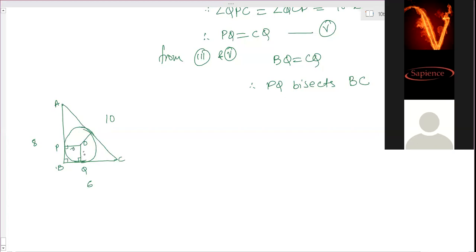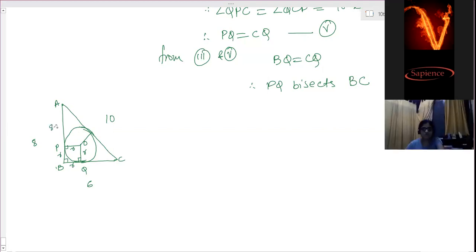Now this is R, this is R, this is R. If BP is R, what is AP? 8 minus R. So if AP is 8 minus R, what is AR?